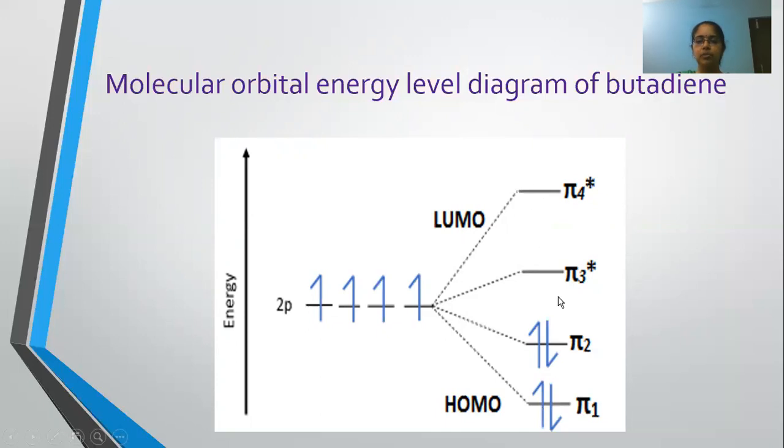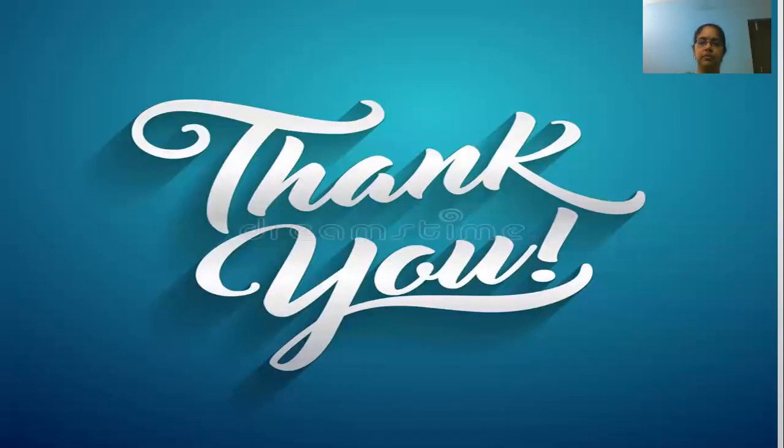Whereas the remaining 2 molecular orbitals, which are completely vacant, are called the lowest unoccupied molecular orbitals, represented as LUMO. So this is the molecular orbital energy level diagram of butadiene. So that is about the pi molecular orbitals of butadiene. Thank you.